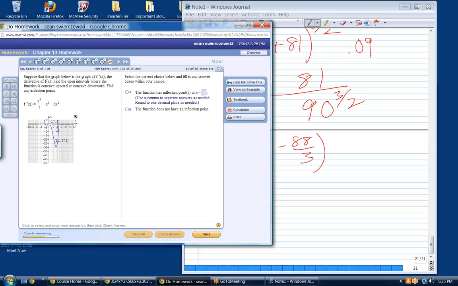Notice that if this is the first derivative, remember that we want the second derivative to be equal to 0 at an inflection point. How many points on this first derivative graph is the second derivative going to be equal to 0?